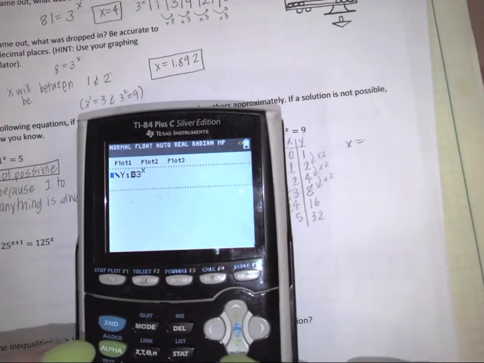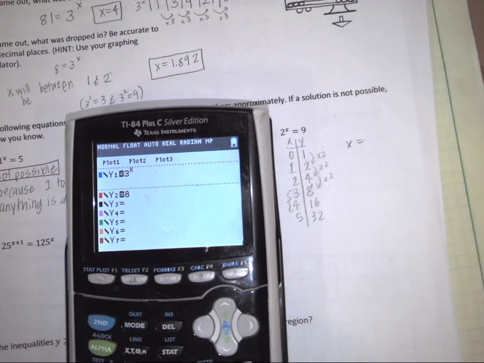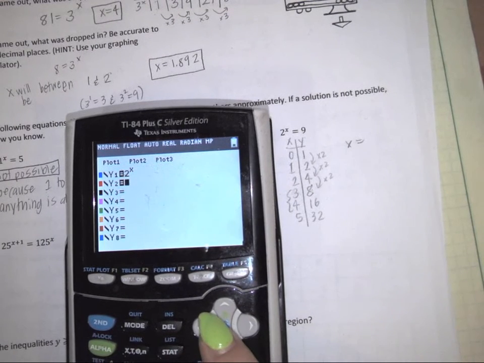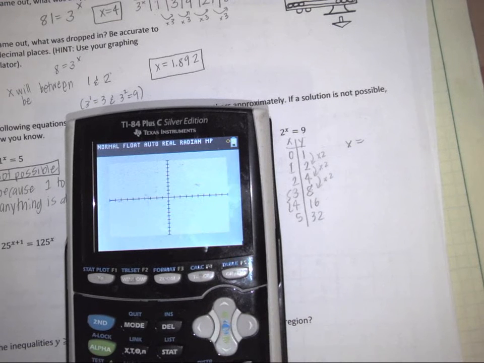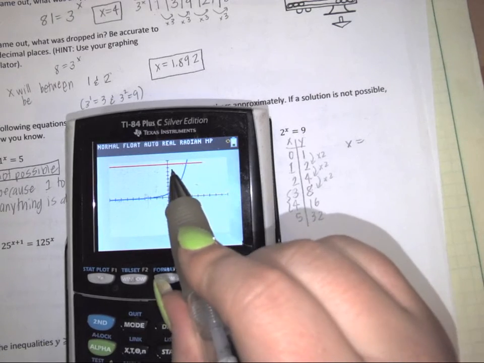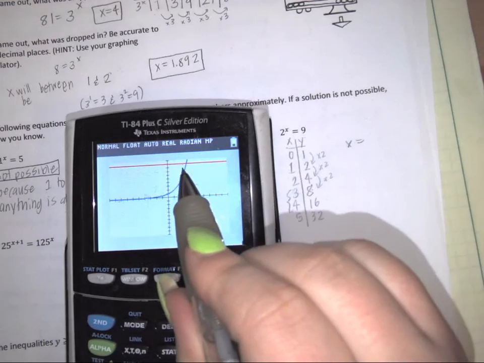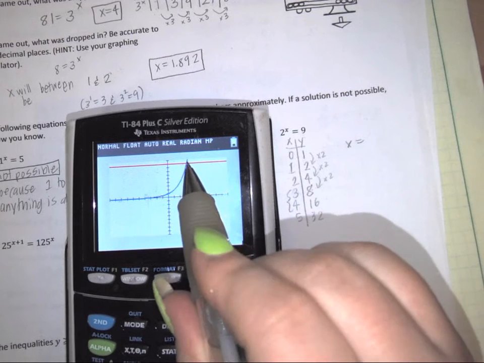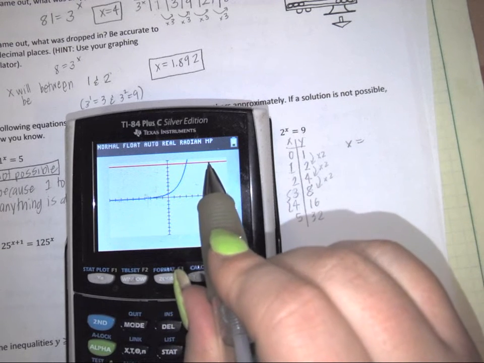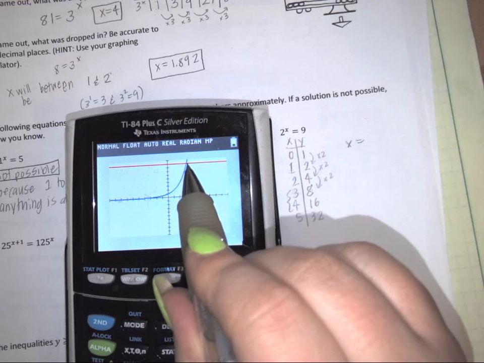Same thing, but this time we want 2 to the x to be 9. So we go to our graph, and that's our exponential function, 2 to the x, and there's 9. Again, we want to find this point of intersection. It's going to be something comma 9, and we need to figure out the x value.